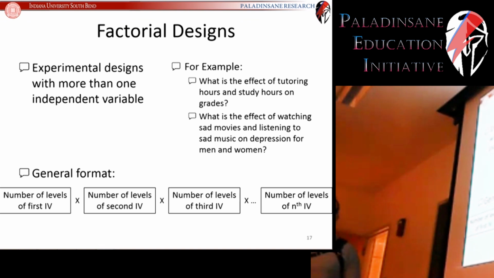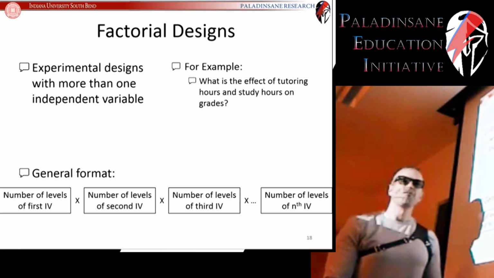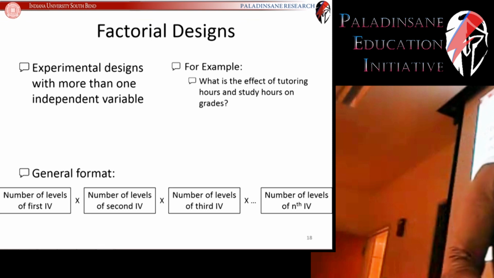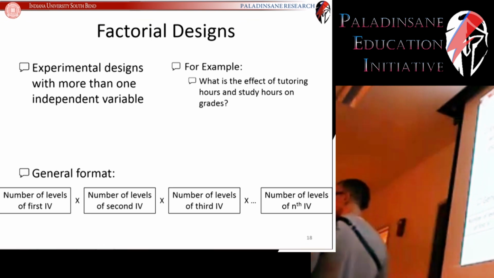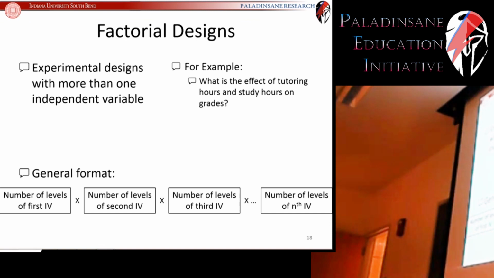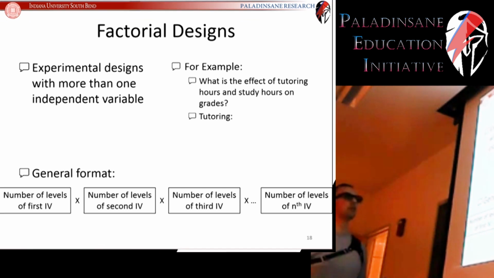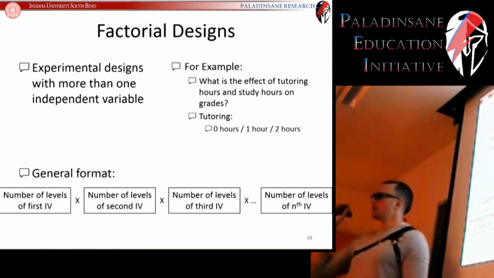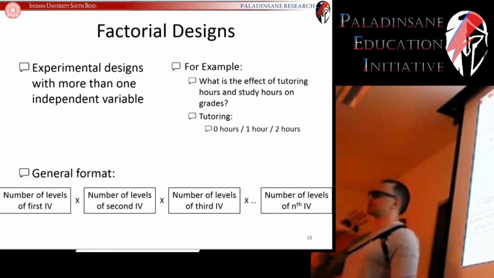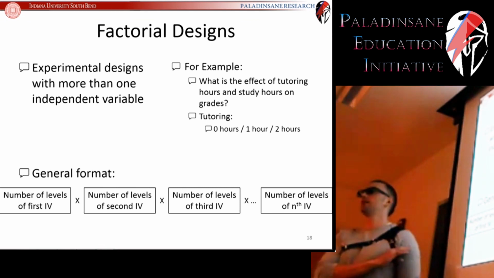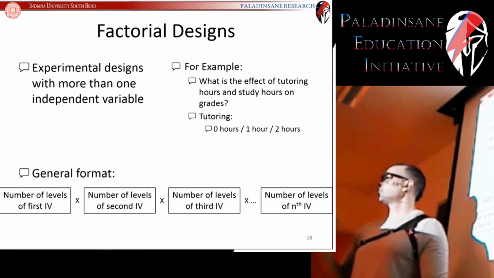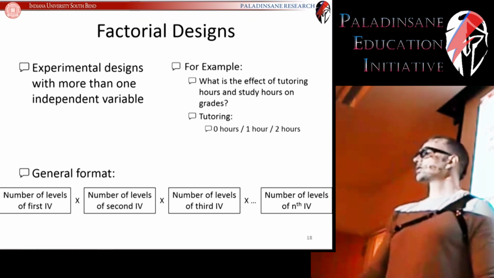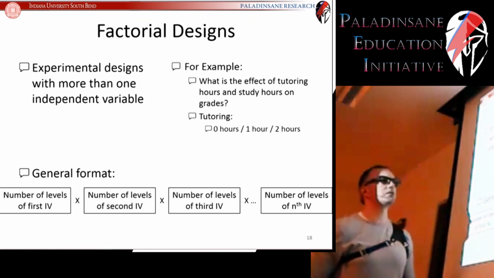So let's take a look at these simple examples first. Let's say you were doing a study on the effect of tutoring hours and study hours on grades. For tutoring, you had 3 levels. 1/3 of your subjects received 0 tutoring hours. 1/3 received 1 hour of tutoring. 1/3 received 2 hours of tutoring.